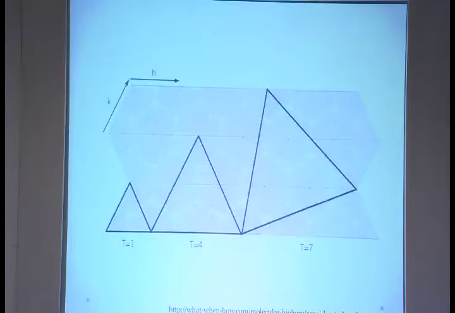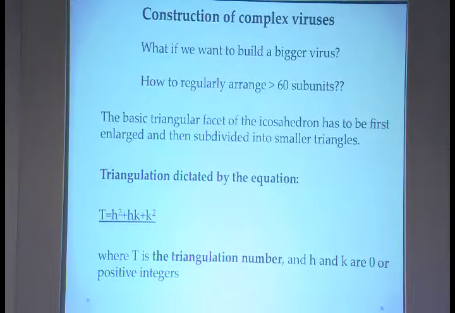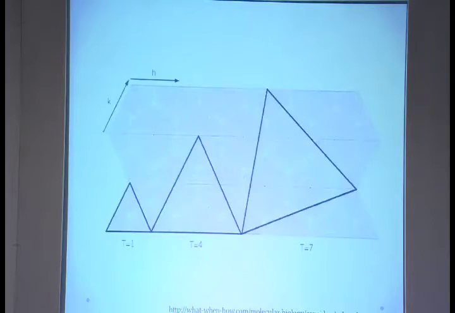So this is where the enlargement and the subdivision comes in, meaning that now in each face, you have to have 3 molecules which are arranged, right? Now, the 3 molecules that you are arranging may not come from the same gene. They could be the same protein, the same gene product, or they may not be the same gene product. So then the idea is, how do you actually arrange everything together?